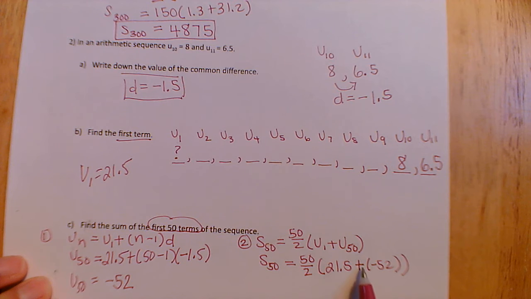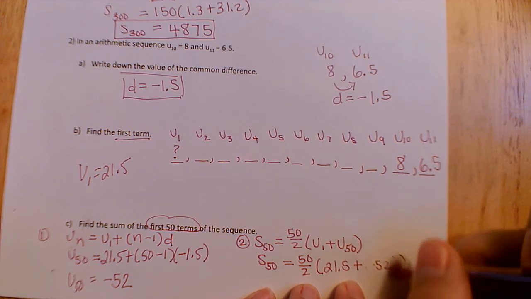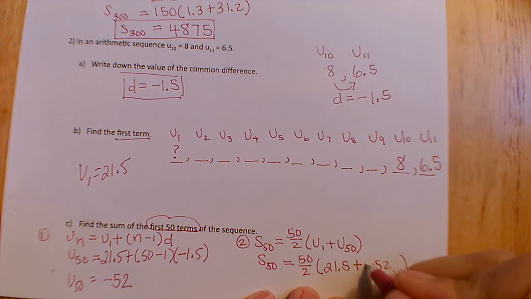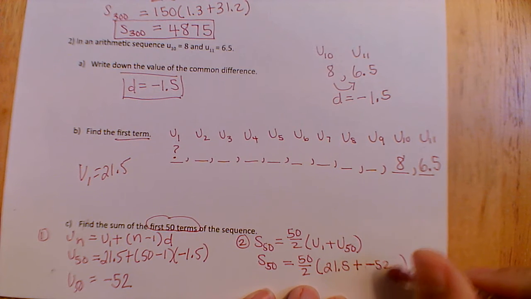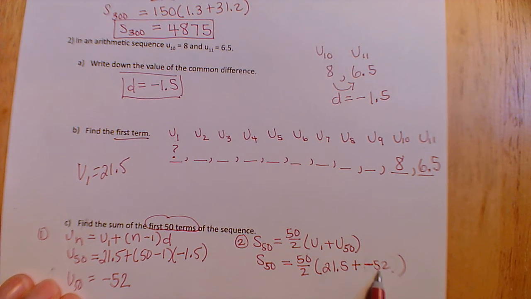If you don't like to use double plus a negative, and you don't even need to use these parentheses, you can just do plus negative 52. If you do want to change that to subtraction, that's absolutely fine. I am not right now because I want you to see that the formula still stands, that it's a plus. I'm just putting the negative 52 in for the U sub 50.